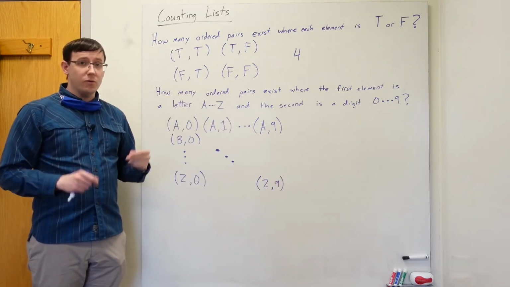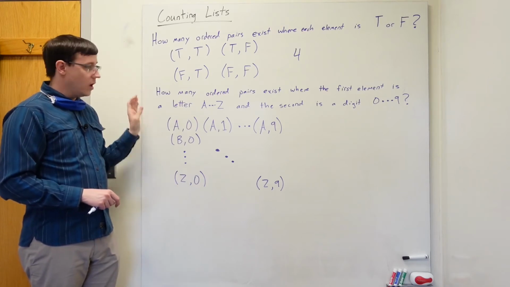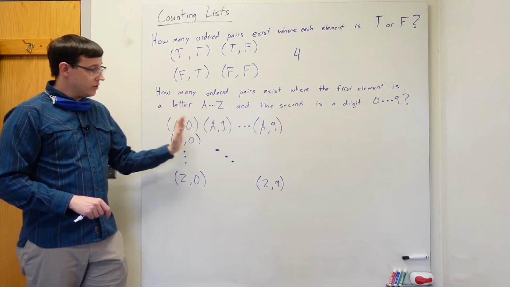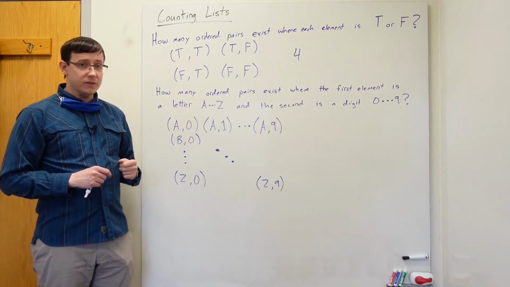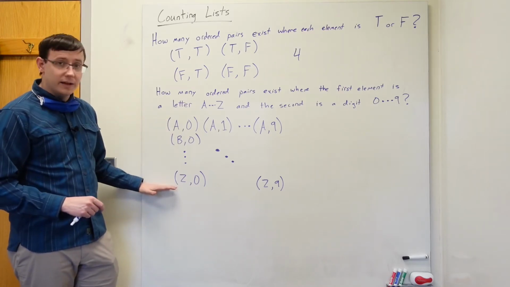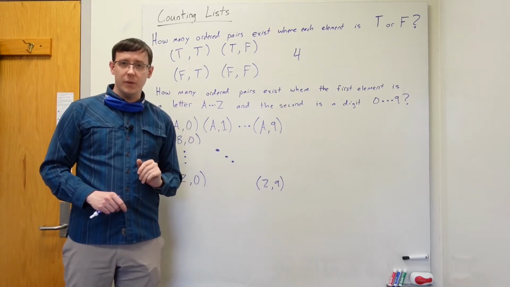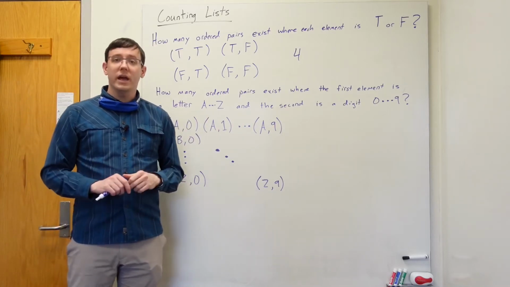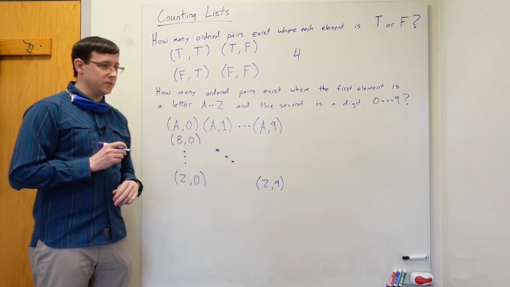And so even though we haven't written down every possible list of this description, we know that this grid describes all of the possible lists because we have every combination of a possible letter for the first element and digit for the second element. And so we can use the size of this grid to count the number of possibilities.